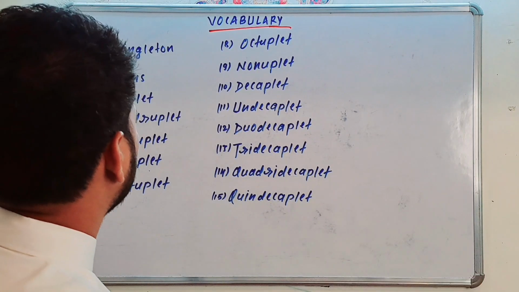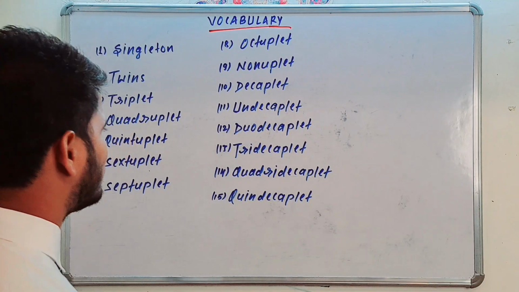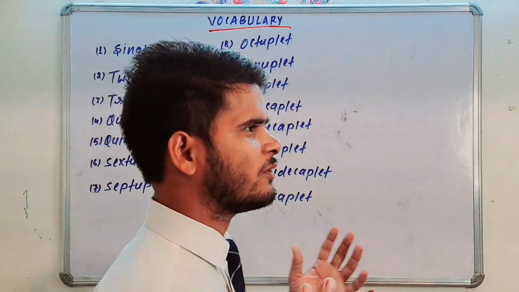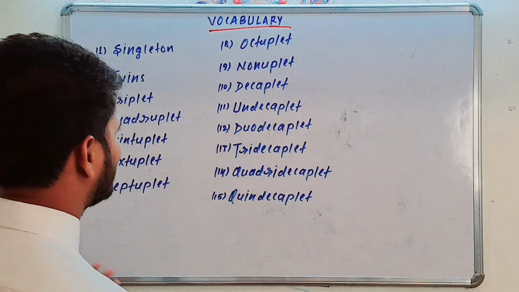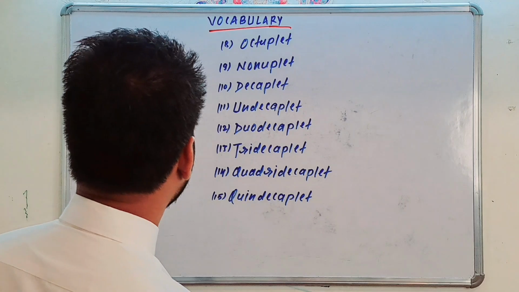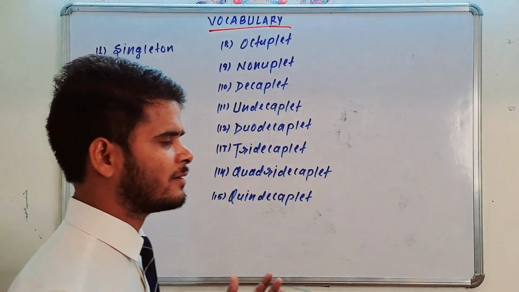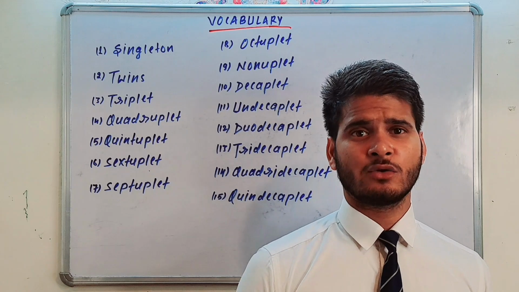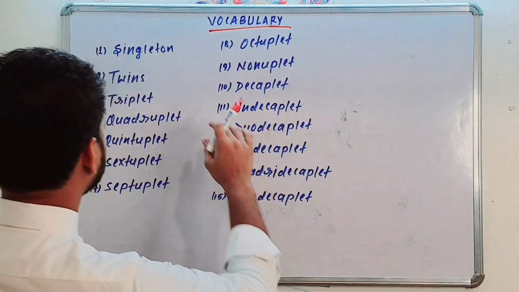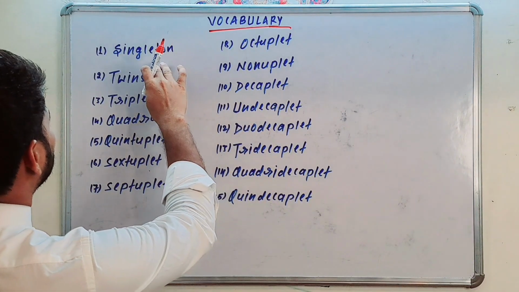So know the meaning of all these important vocabularies related to offsprings. These are the most important vocabularies I have written for you, and they are all related to science, that is biology. Here, see, first one is singleton.